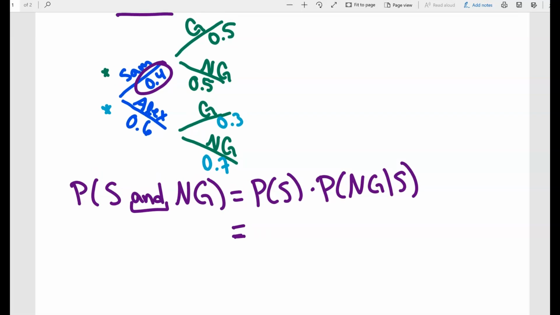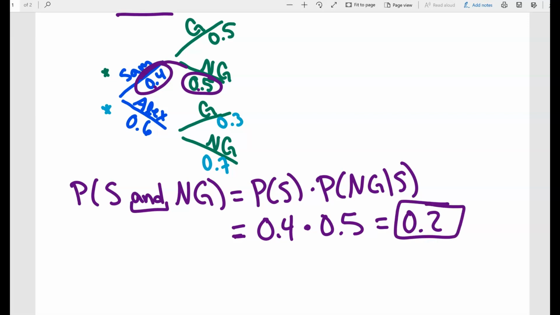Coach Sam appears with a 0.4 chance, and now we're going to multiply it by the probability of not being goalkeeper, which is along this branch, 0.5. So all we're doing is taking 0.4 times 0.5, which gives me 0.2. So there is about a 20% chance that Coach Sam will appear and you will not be goalkeeper.